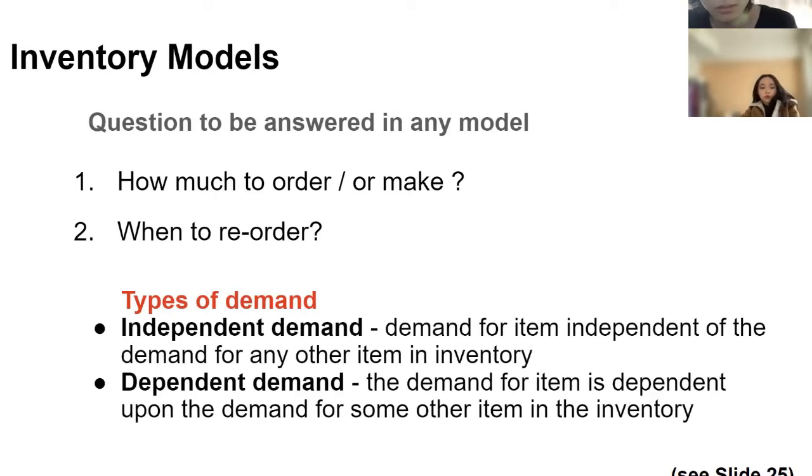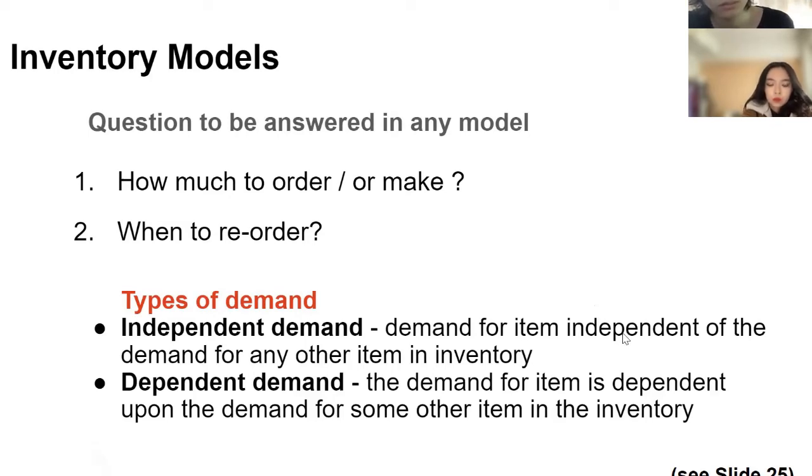Before that, the inventory models depend on the types of demand. One is independent demand, which means the demand for an item is independent of the demand for any other item in inventory.